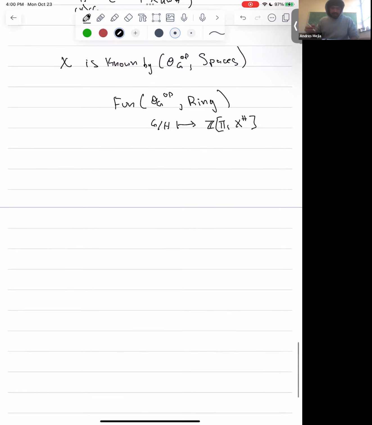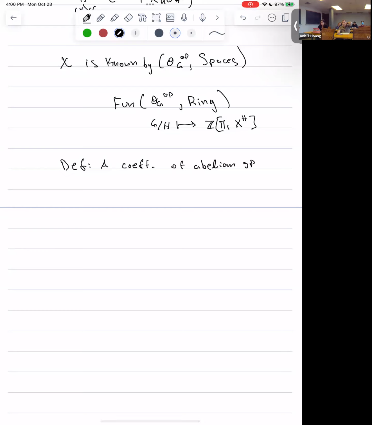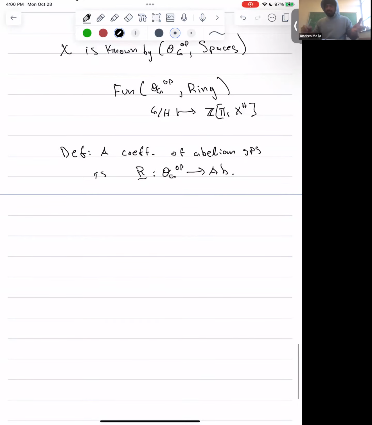So what we showed is we just made a definition, a coefficient system of abelian groups. It's just something like, and we wanted to figure out what the monoids were in this category, and these are exactly just as we wrote above.